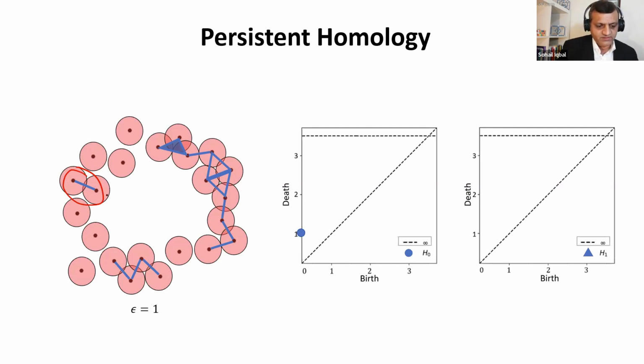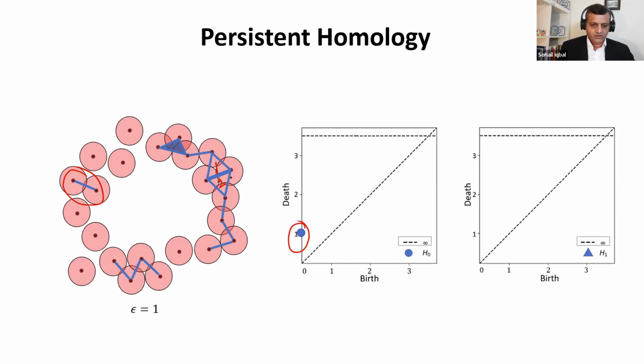This death is reported with this point on the H0 axis, and so far there's no death reported on H1, which is counting the loops, or you can say the cycles which are not boundaries. But as you can see, there are some births over here. Let me count them, 1, 2, and now you can see that there are 2 loops in here.